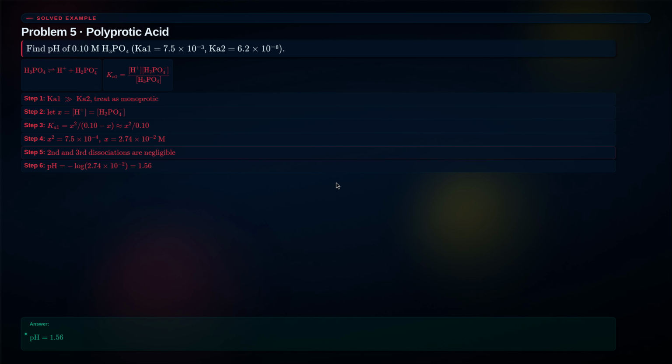Assuming x is much less than 0.10, x squared equals 7.5 times 10 to the minus 4, so x equals 2.74 times 10 to the minus 2. Step 4. pH equals negative log of 2.74 times 10 to the minus 2, which equals 1.56. So pH is approximately 1.56. The contributions from the second and third dissociations are negligible by comparison.